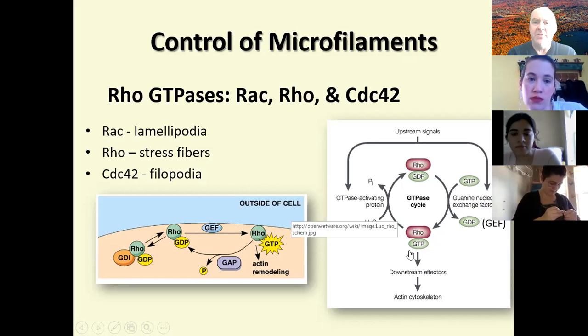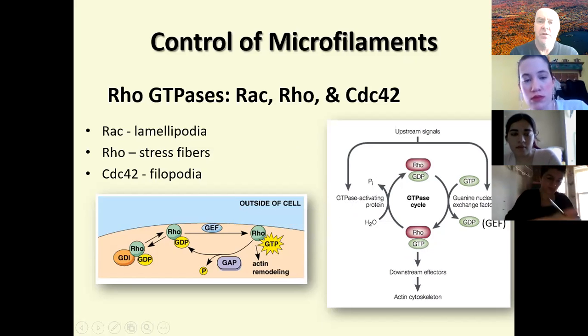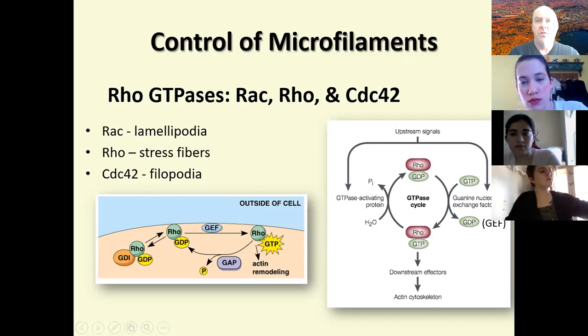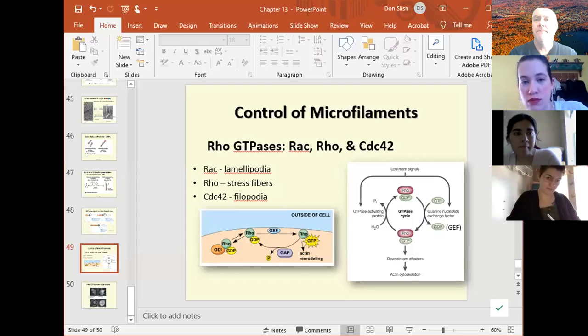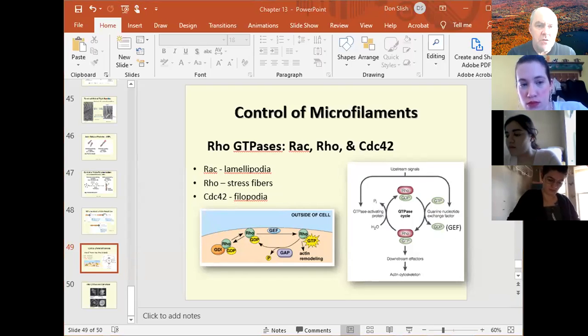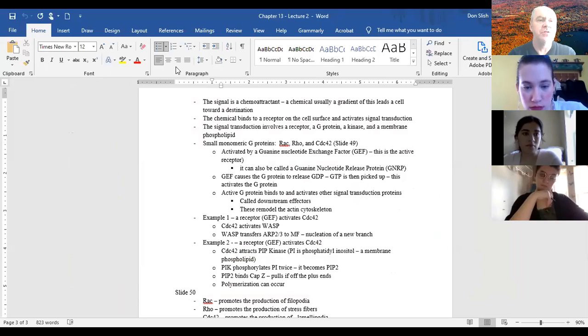And then you change the actin cytoskeleton, and then it also gets turned off by GAP, GTPase activating protein, which turns it back off. Okay, so here's an explanation of how that works with a couple of examples.